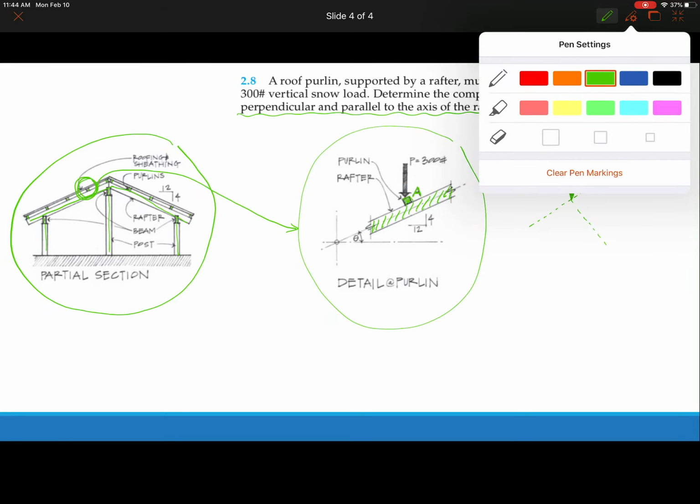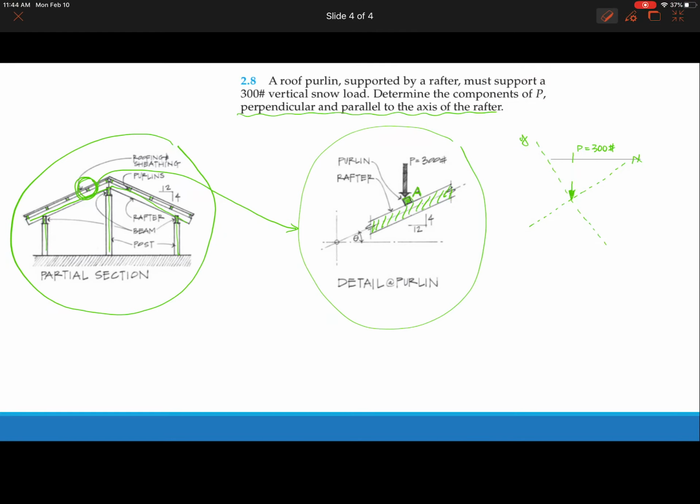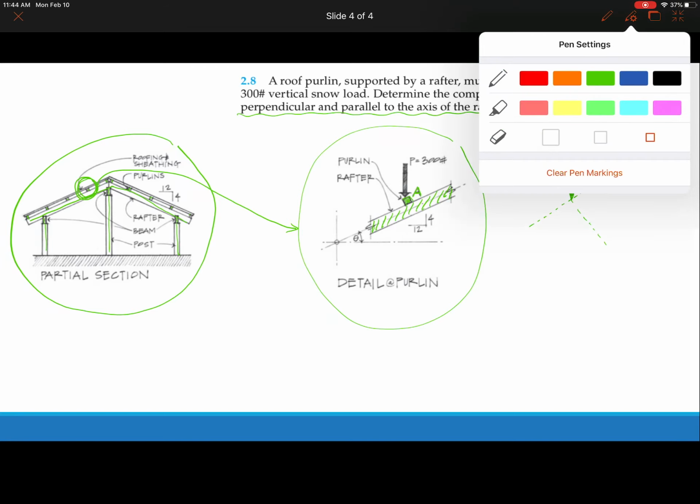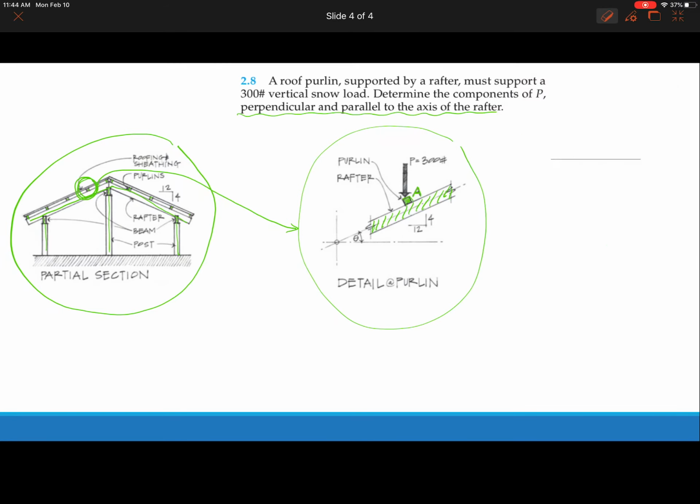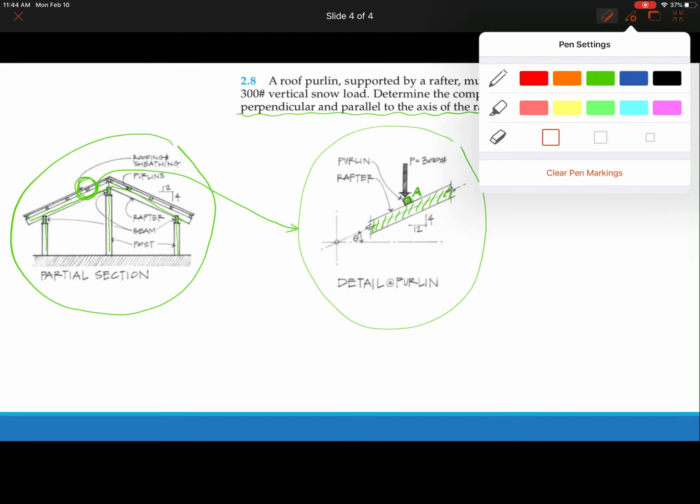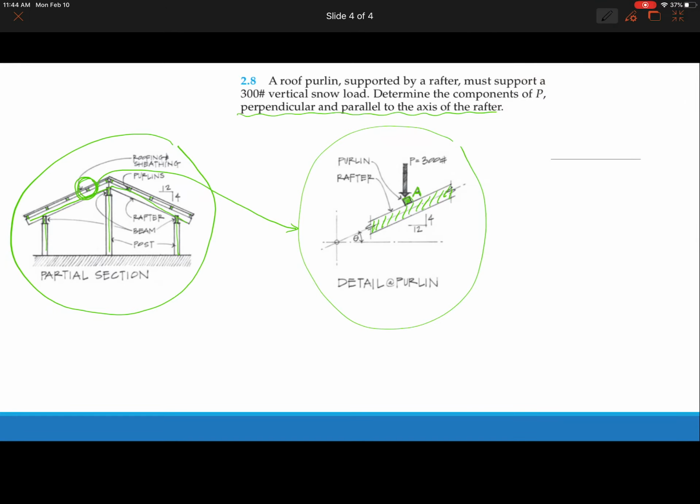Let's redraw it, because there is a line in the way. Perpendicular to the rafter is your x. Let's draw it here: x, and then your y. This is your point of action A, and this is your P.